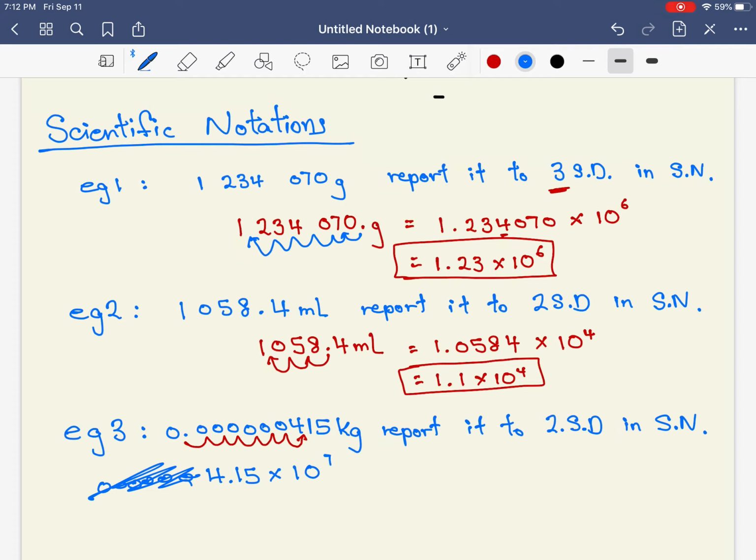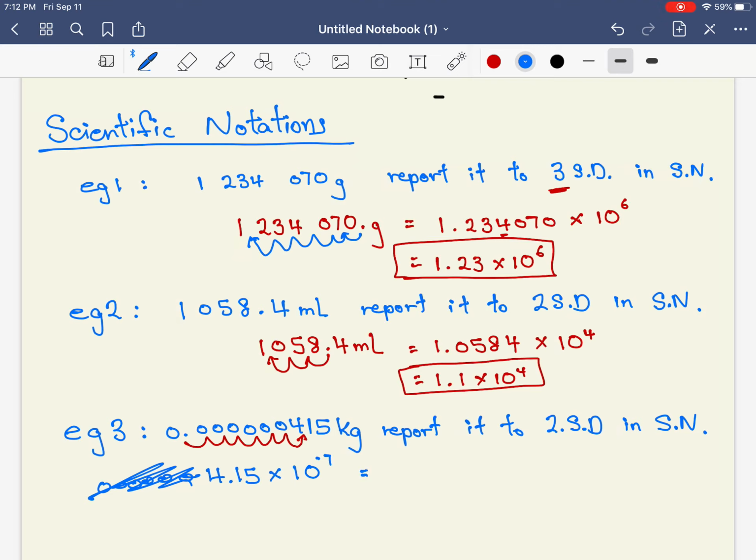However, I count 7 to the right. Unlike here where I'm counting to the left. No, this time I went this way. I went 7 to the right. So it's not going to be 7. No. It's going to be -7. So this is 4.15 times 10 to the power of -7.